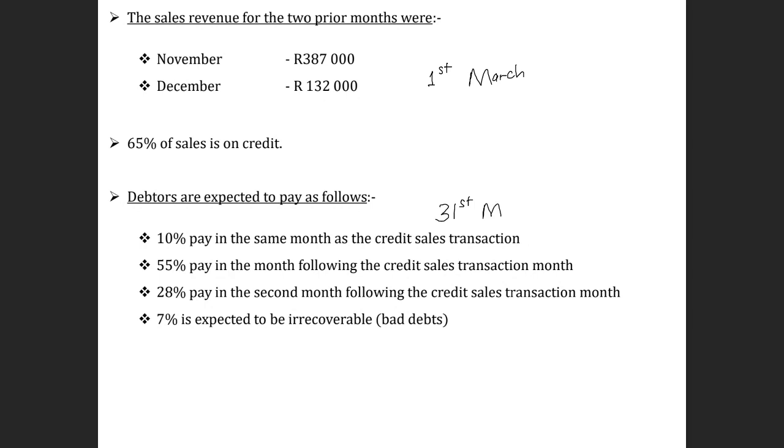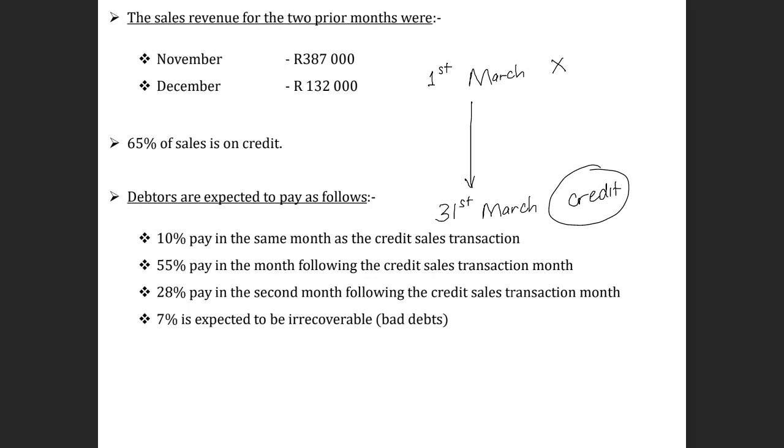So it's not treated as a cash sale because they did not give you the money immediately on the 1st of March when the transaction took place. They only paid you, even though it's in the same month, on the 31st of March, and this is why it's regarded as a credit sale.